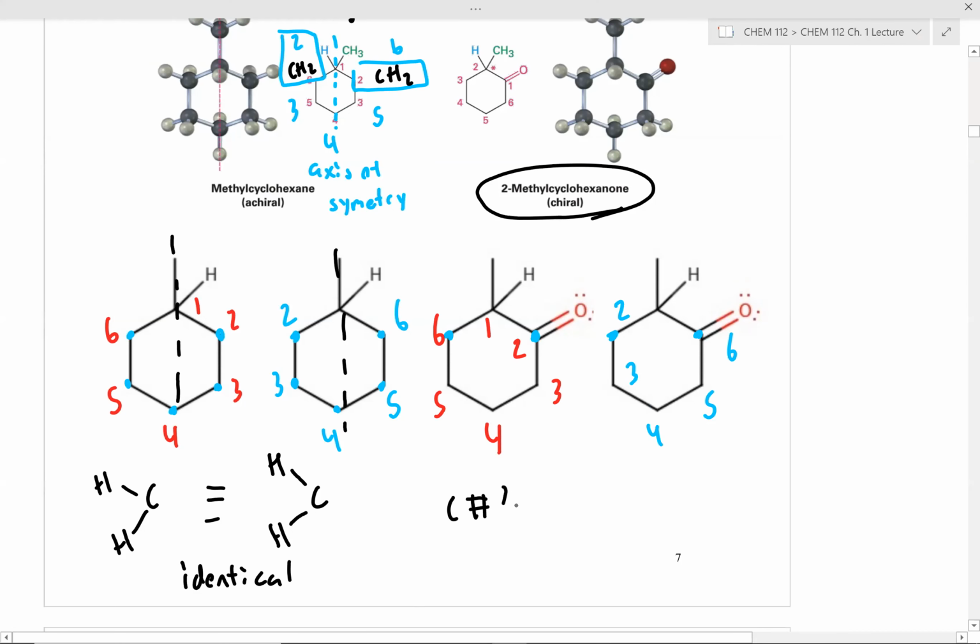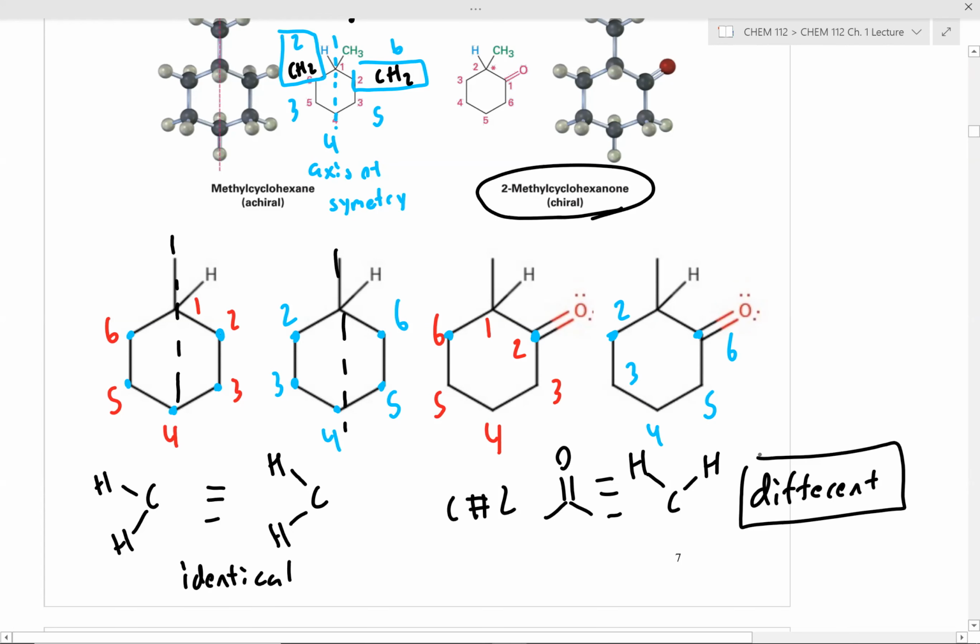So at carbon number 2 in our first counting method, we have a ketone. In our second counting method, we have a carbon with 2 hydrogens attached. As we can clearly see, these substituents are different at carbon 2 in both of our counting methods. And as a result, we can clearly see that there is no axis of symmetry.